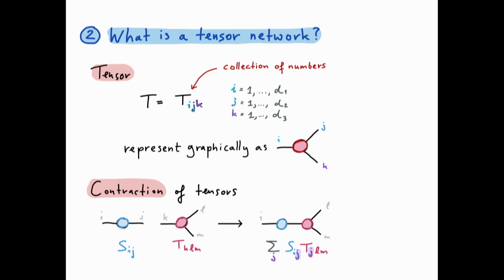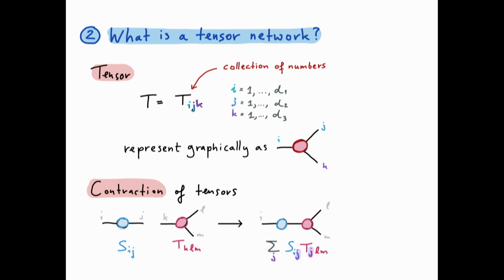And then a key operation is the notion of contraction of tensors, where you take two tensors and you draw a link between the two blobs, so you connect two of the legs, and that means that you're going to sum over the index that you've contracted, the one that you've connected, right? So here I start with a 2-tensor and a 3-tensor, and the contracted one has 3 dangling legs left, so the resulting object is a 3-tensor.